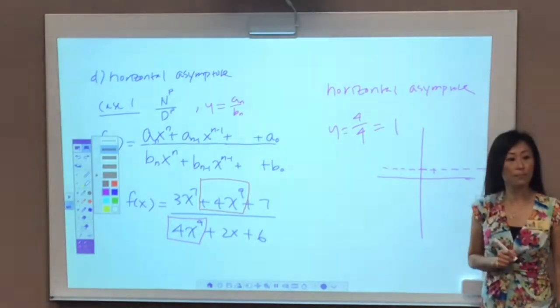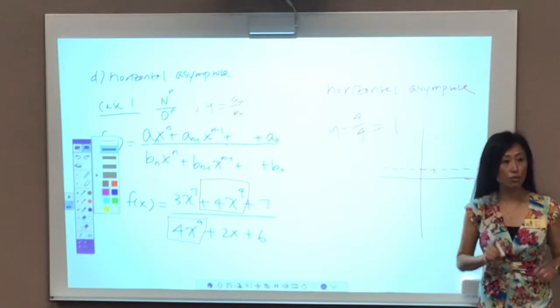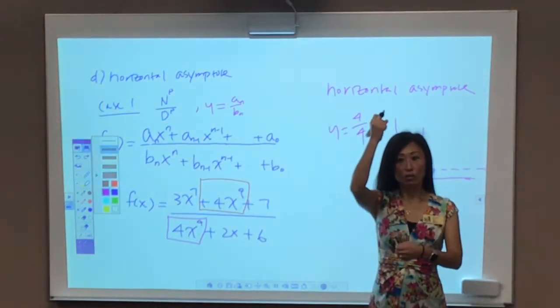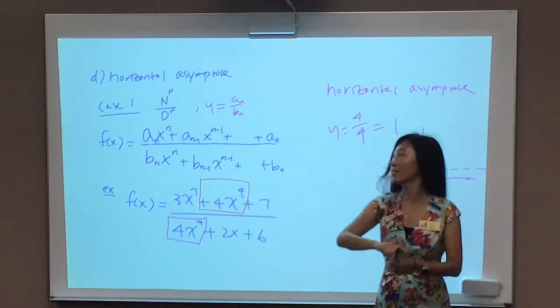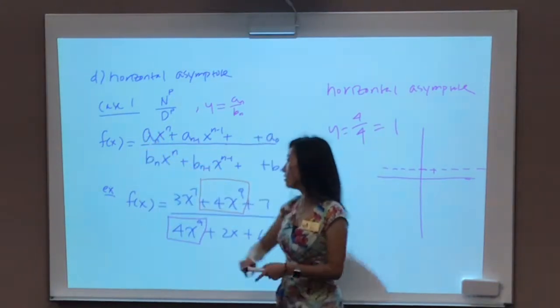I got 2 more cases. So the first case is what? Your numerator power and denominator power are the same. What do you have to look at? The leading coefficient. So can I change this one problem, just so I know that you understand this?